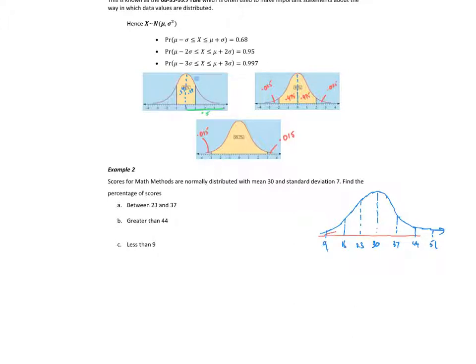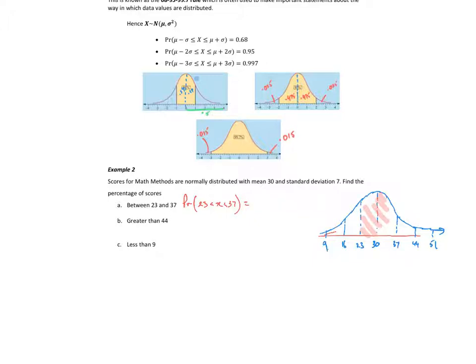Once you've got that information, let's have a look at scores between 23 and 37. So 23 to 37 is within one standard deviation of either side. So the probability that 23 is less than X, which is less than 37.